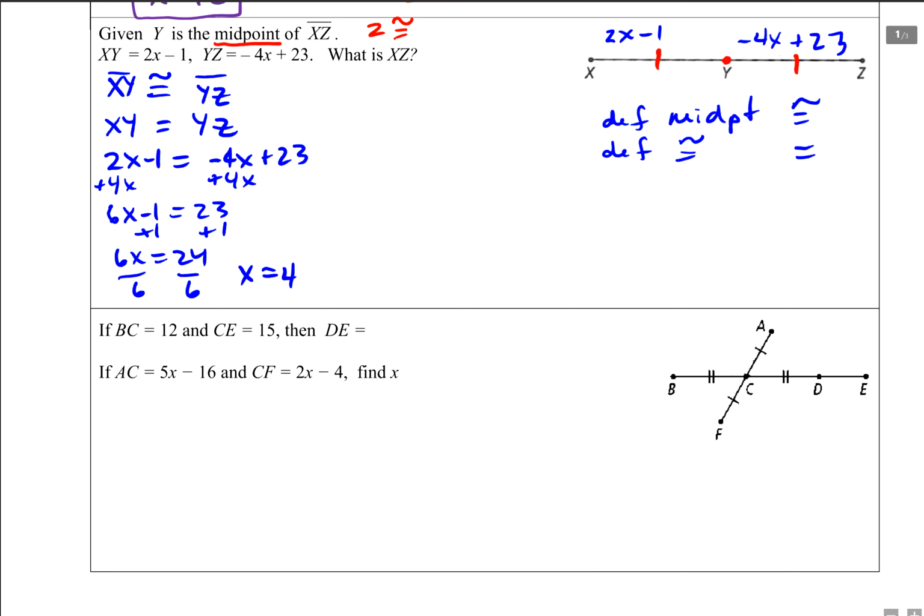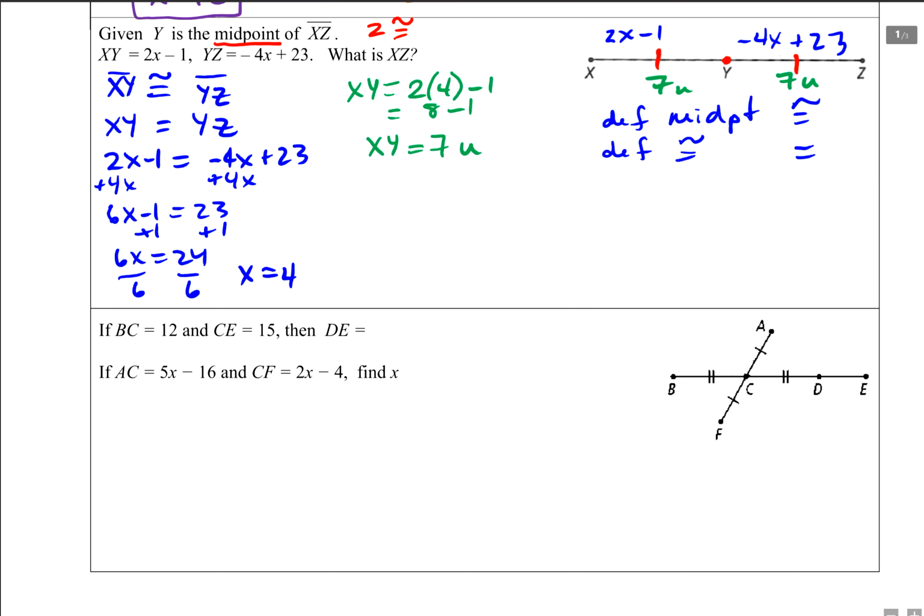So what I'm going to do is find one of these pieces. Let's find the length of XY. So 2 times 4 minus 1, this is 8 minus 1. So the length of XY equals 7 units. And I know this measures 7 units. So what else do I know?